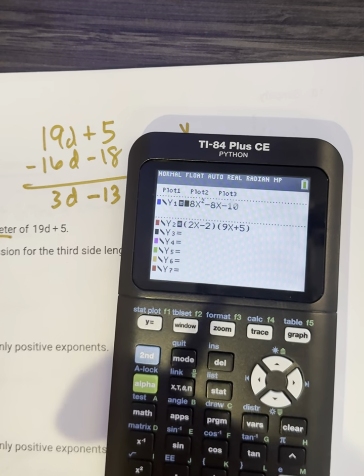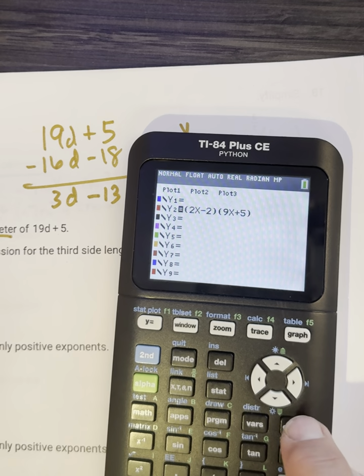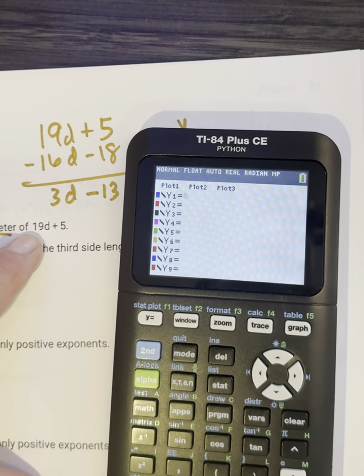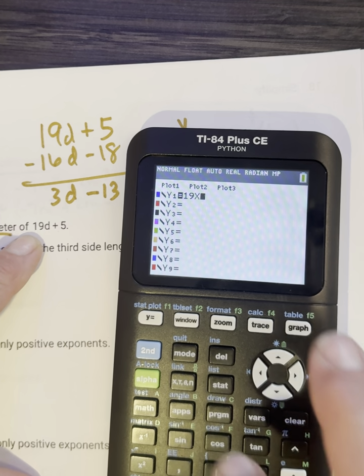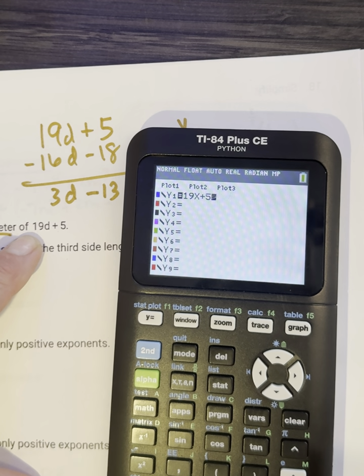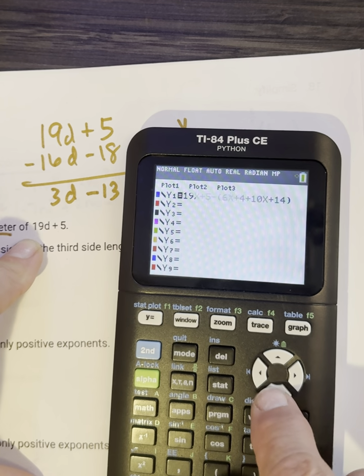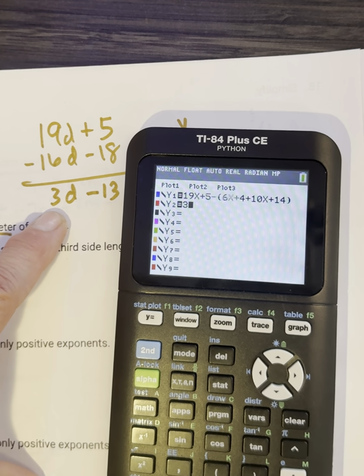And of course I would do this for test purposes to make sure I'd get 100 if I wasn't sure. So you take the perimeter, 19x plus 5 minus the two sides, so 6x plus 4, and so plus 10x plus 14, close it, and it should equal our answer, which is 3x minus 13.